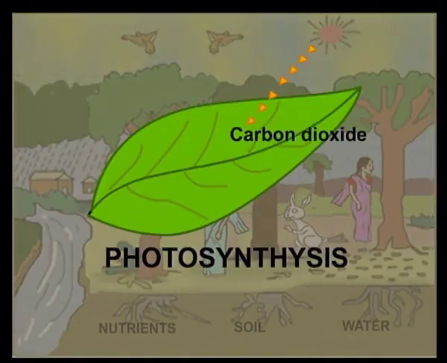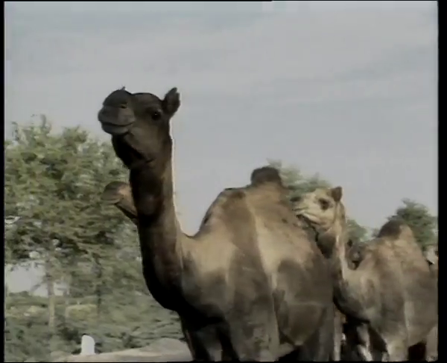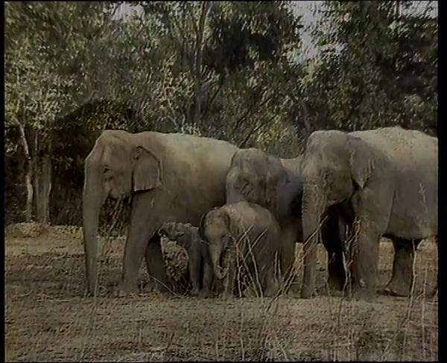So, all life on Earth is linked and interdependent through this relationship. In each environment, species best adapted to that environment are predominant.